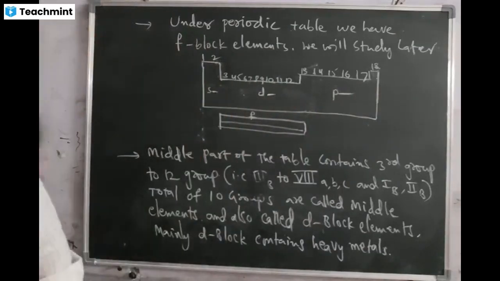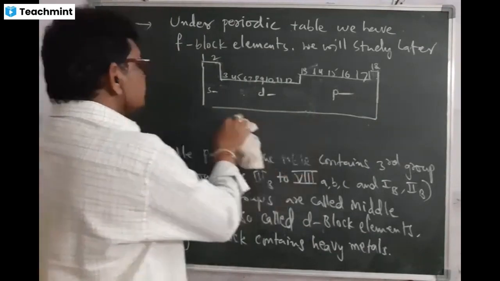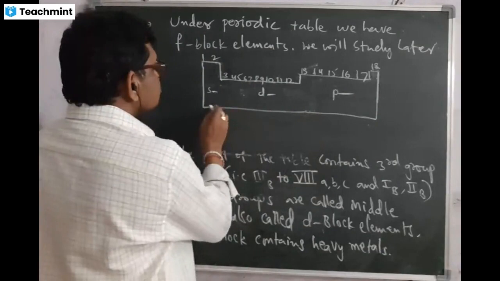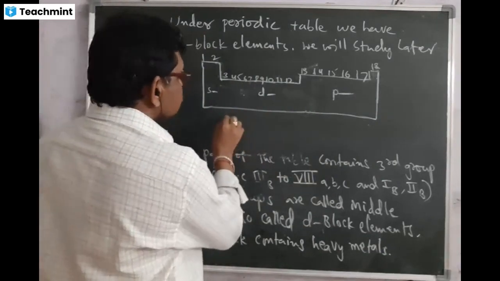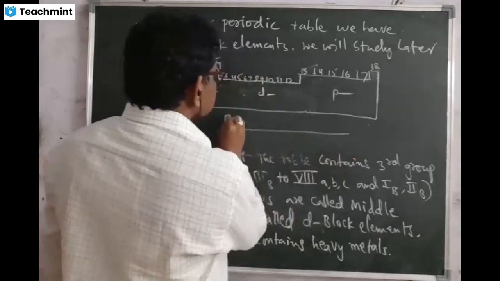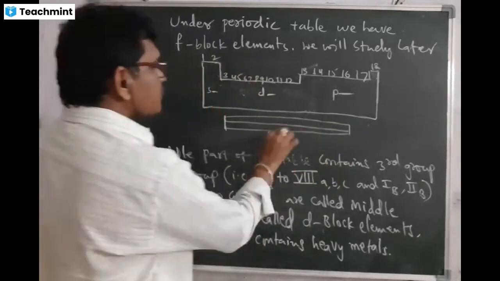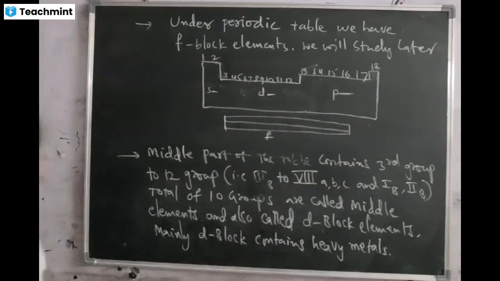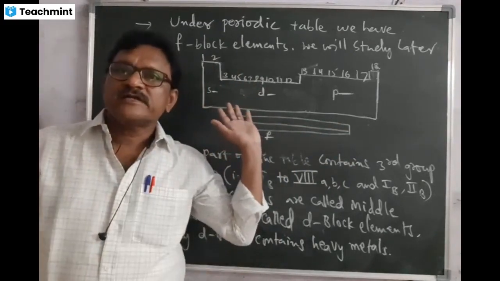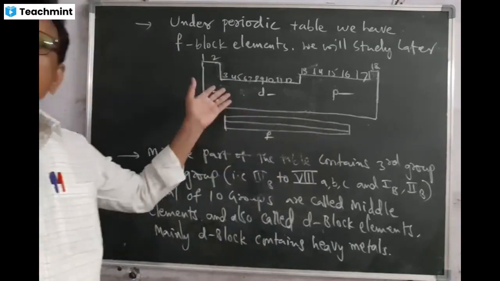This is the figure you have to draw for your understanding. Just draw this. This is the long form of the periodic table. Okay, clear? You write down this.